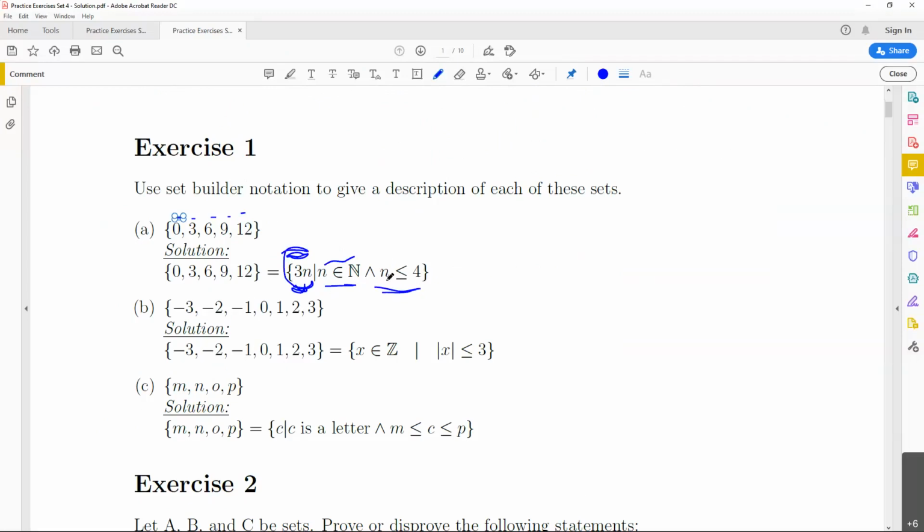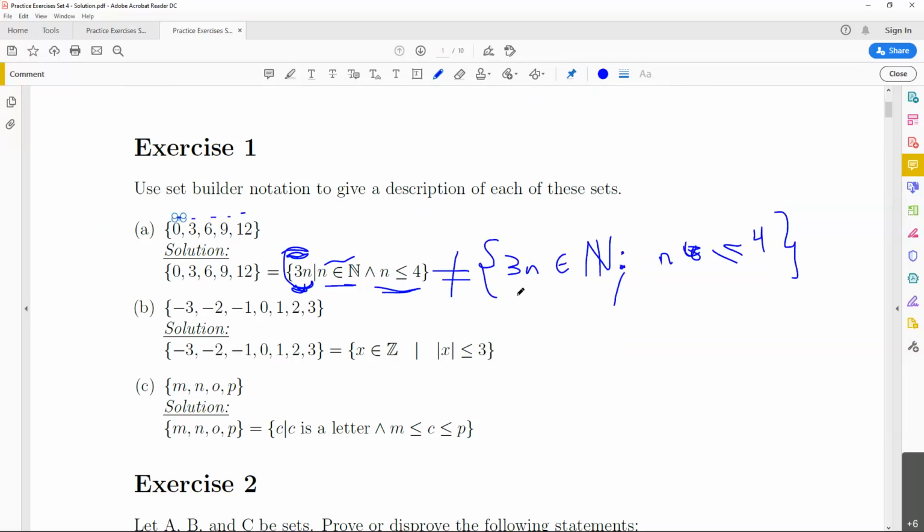Note that this is the correct thing, but note that it's different than saying this. If you said 3n belongs to the natural numbers, such that, so you can write such that as two colons or backslash, whatever, n is less than or equal to 4. If you said this, it's different.